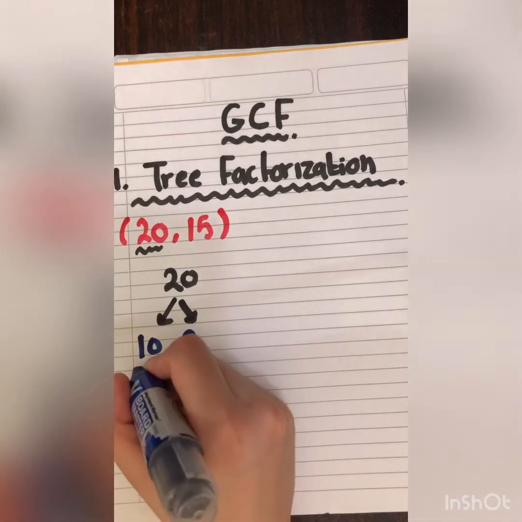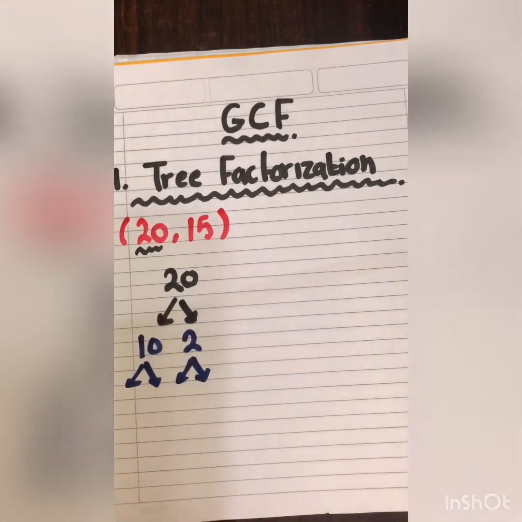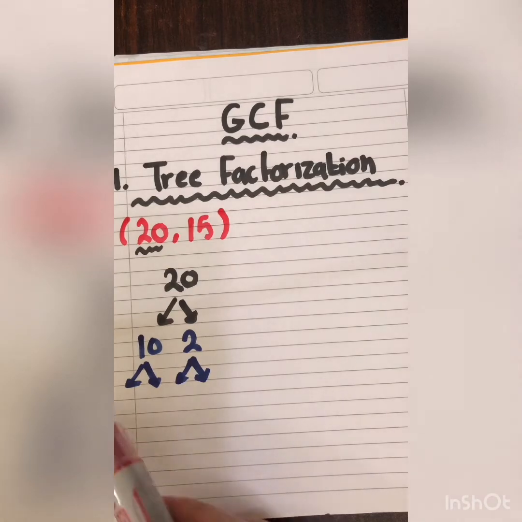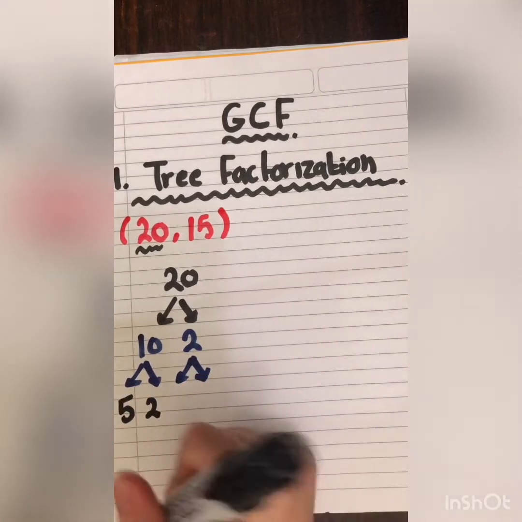So now I'm going to draw another two arrows and another two arrows. So now think of two numbers. When you multiply, you will get 10. That's right, the only numbers that will give me 10 are the 5 and the 2.